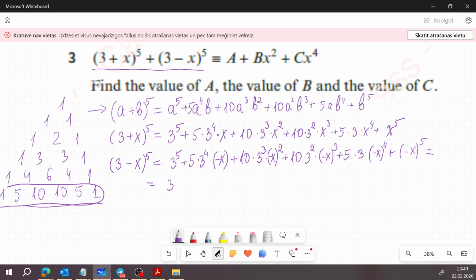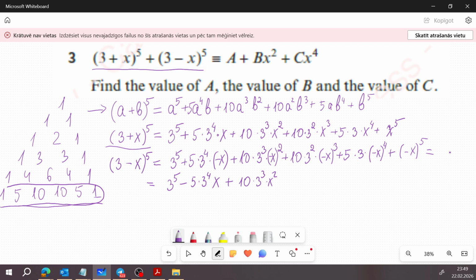It will be 3 to the power of 5, minus 5 times 3 to the power of 4 x. Here it's going to be the same as in the example with the plus, so times 3 cubed times x squared.